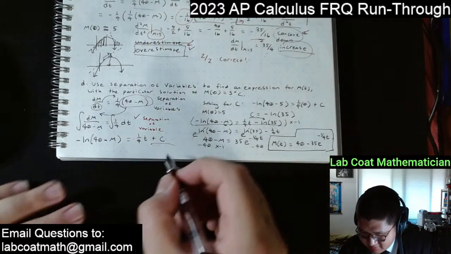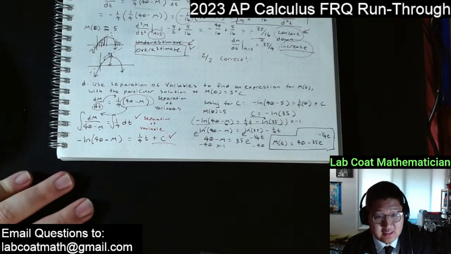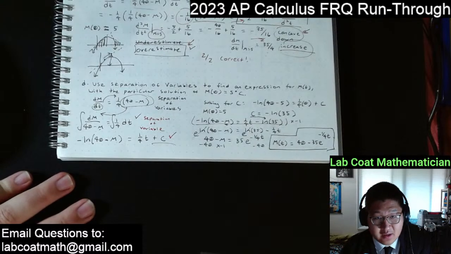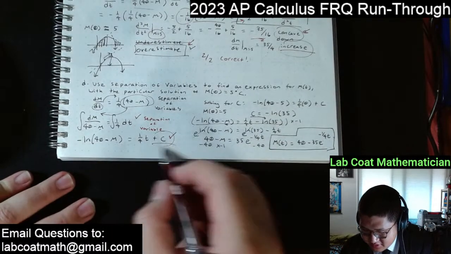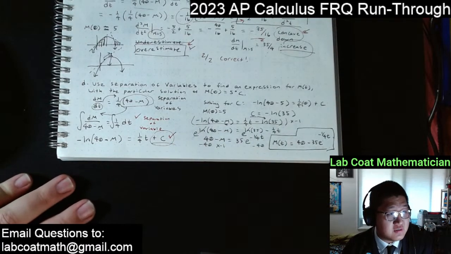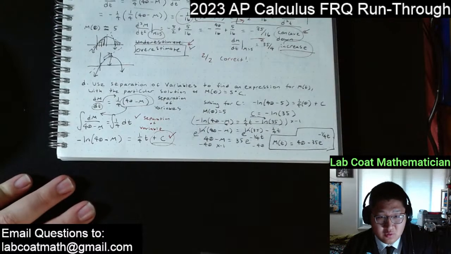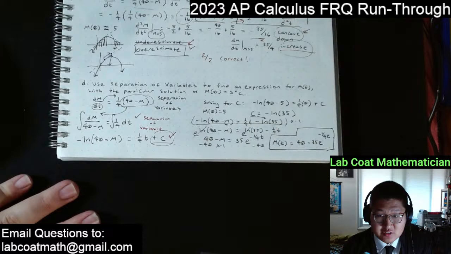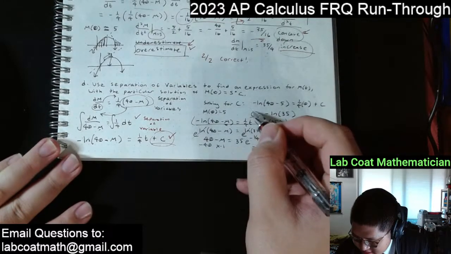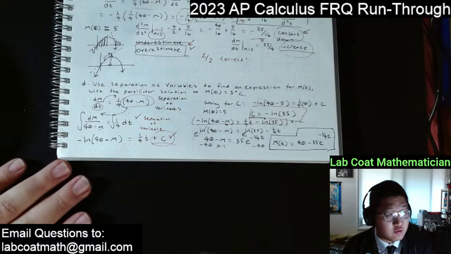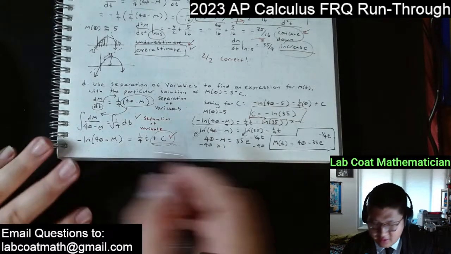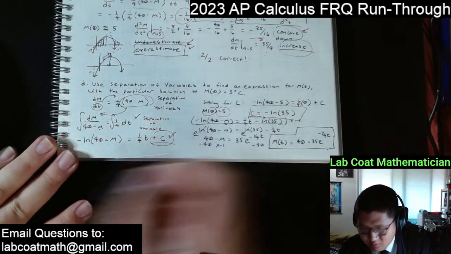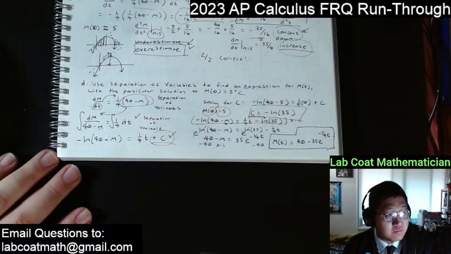Then by running the actual integral, we get the negative natural log of 40 minus m equals 1/4 t plus c, that plus c being very important to add as we are doing an indefinite integral. Then by solving for c, c will indeed be the negative natural log of 35 after plugging in m of 0 being equal to 5 on our starting point right there.